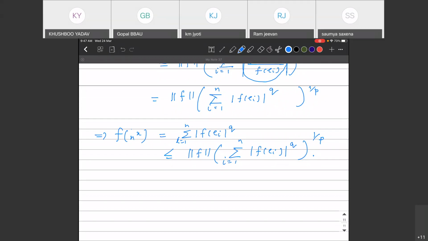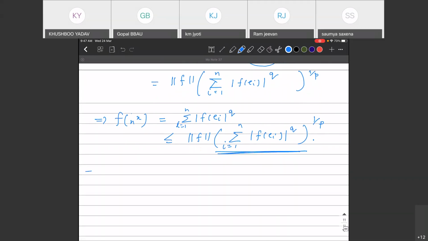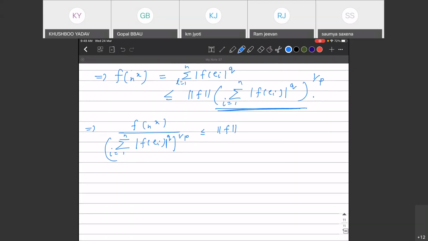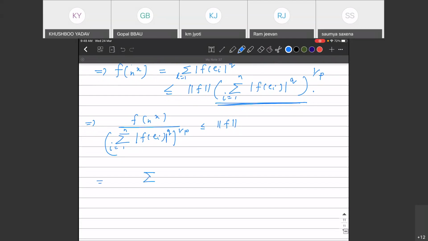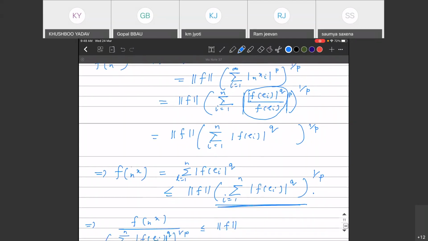Okay? Now divide by this part on both sides. So what you get is f(xn) by summation i from 1 to n f(ei) to the power q, whole power 1 by p, less than or equal to norm f. But what is f(xn)? This is nothing but summation, here look, f(xn) is this thing.